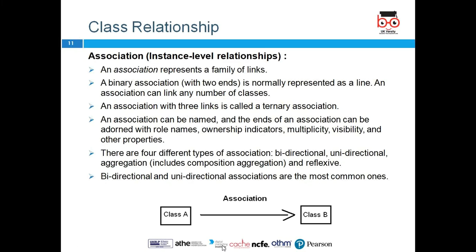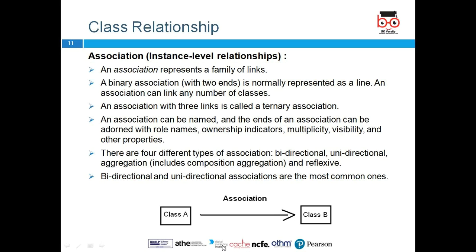Then there is an association relationship. Association is a kind of link or family of links, a binary association with two ends. How would you create an association? There would be binary ends, two ends between A and B, and it is normally represented through a line.